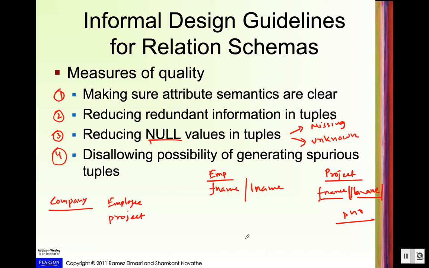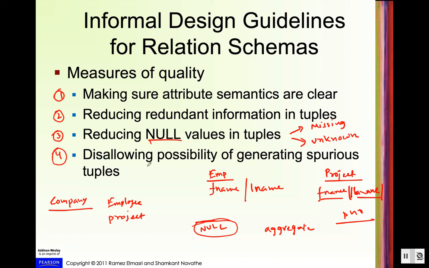Also, if you have null in one of the attributes, it's not possible to do any aggregate function with that attribute. That's why we want to reduce null values in tuples. Obviously in some cases we need null values, but we are going to try to reduce them as much as possible.